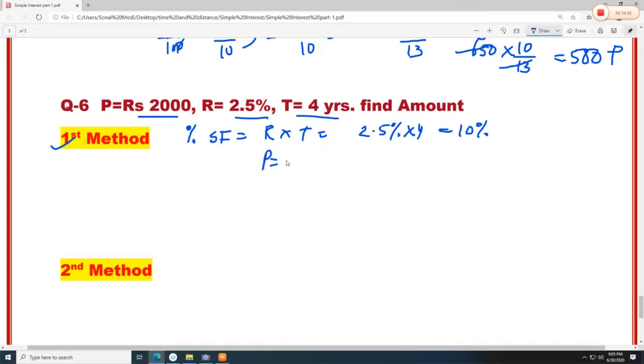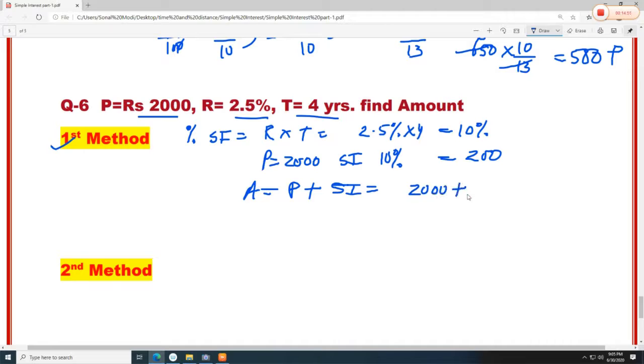So the principal amount is 2000 and the simple interest is 10%, so that is going to be 200, and amount is equal to principal amount plus simple interest. So that is 2000 plus 200, so 2200 is the amount.